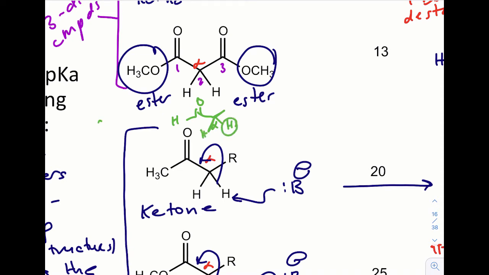So the alpha carbon of an aldehyde is even more acidic than a ketone. Okay, it has a pKa of about 18, and that's because it doesn't have the electron donating alkyl group here. It has hydrogen, because even alkyl groups themselves are electron donating through the sigma framework, which is not as strong as being a pi donor where there's resonance structures that can be drawn.